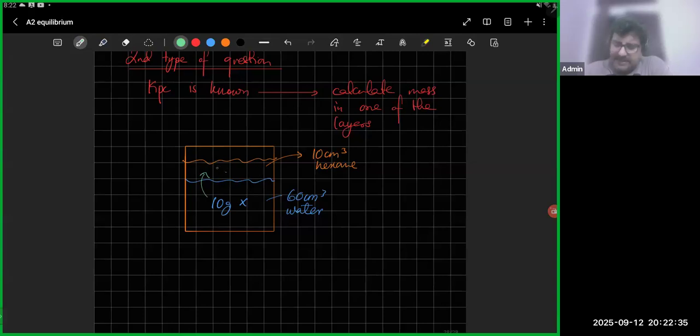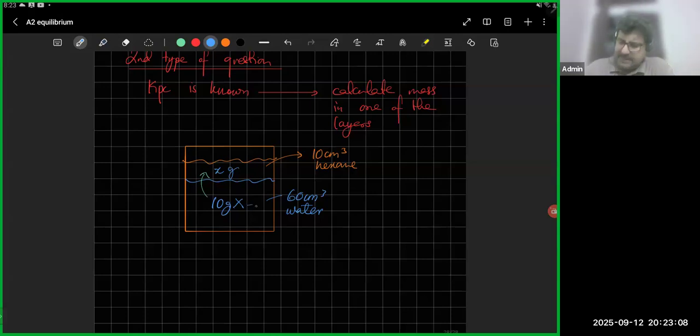So let's say X grams of X. So 10 grams of X, and a small tiny amount, X grams, goes into the other layer.